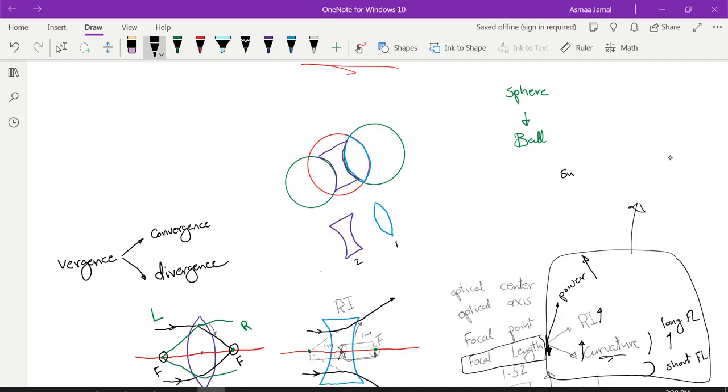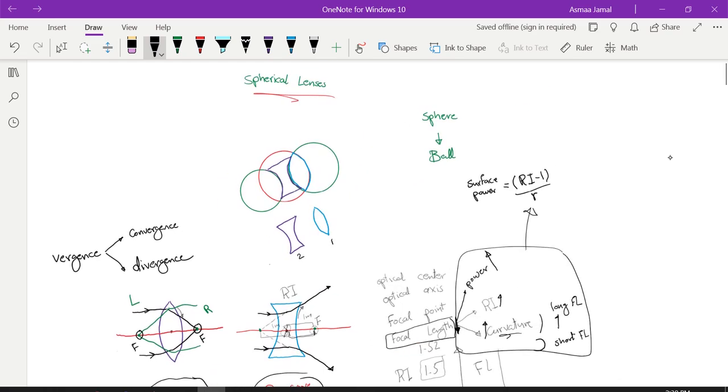The surface power equals the refractive index minus 1 divided by the radius. For example, let's say we have a lens surface with 83.2 millimeter radius of curvature ground onto a type of glass with refractive index of 1.499. What is the surface power of the lens? We can compute here.